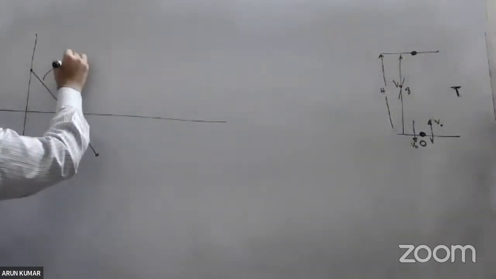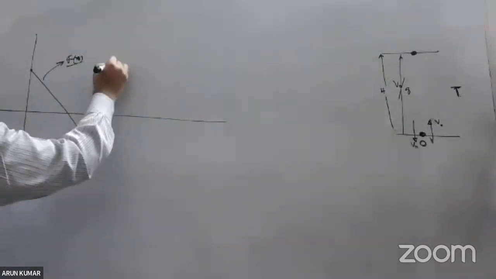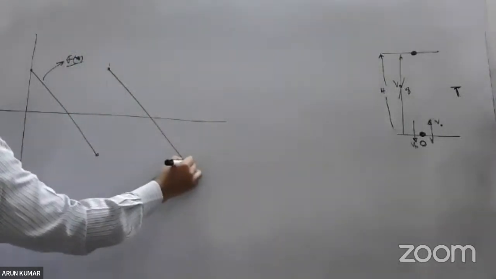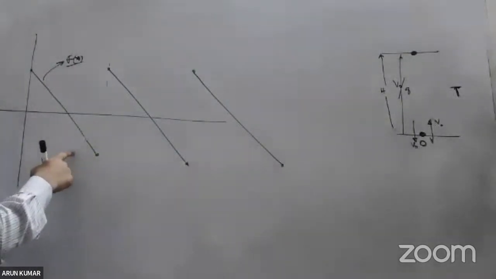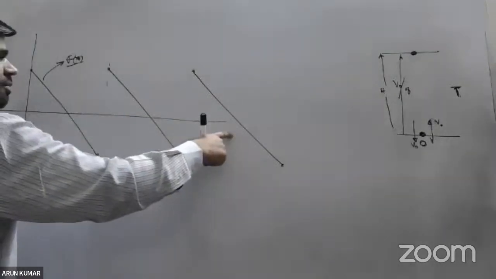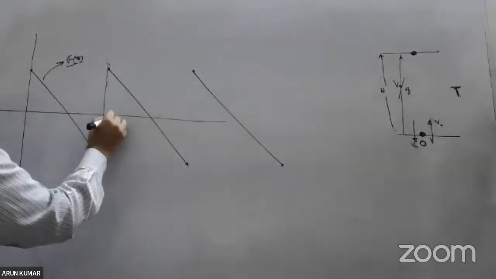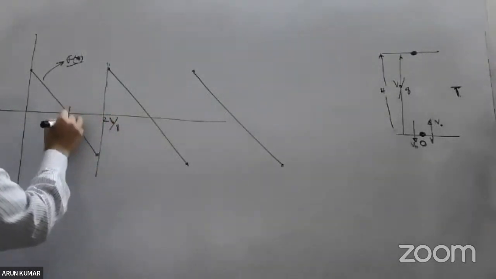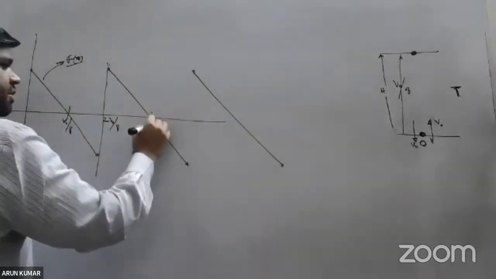First bounce, first trip, after first bounce, second bounce, so on. Bounce occurring at this point at 2 V naught by g. Velocity is becoming 0 at V naught by g. This is 3 V naught by g.